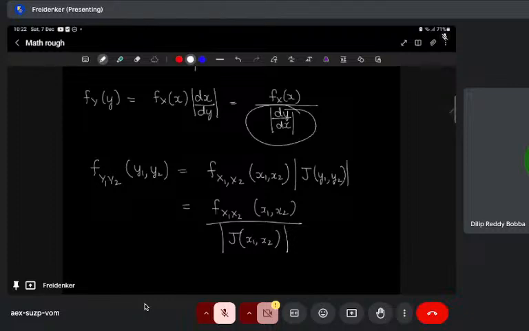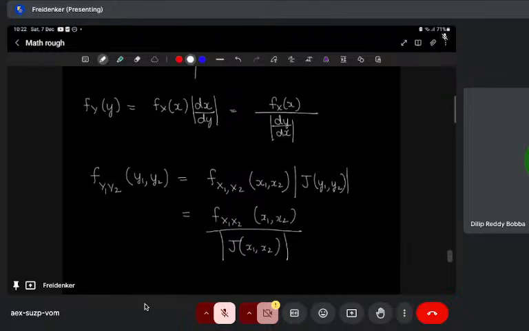In the one-dimensional case, in the denominator, we are differentiating with respect to x. So same story over here. In one-dimensional case, you simply have dy by dx or dx by dy, but in the two-dimensional case, you get a Jacobian. That's it. Jacobian is a determinant.